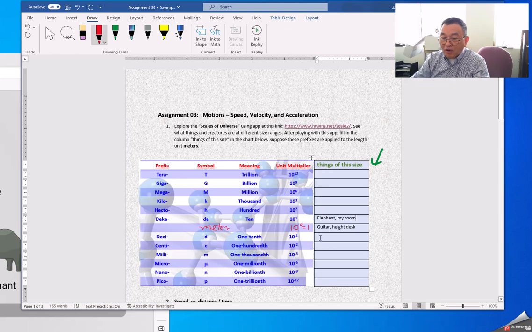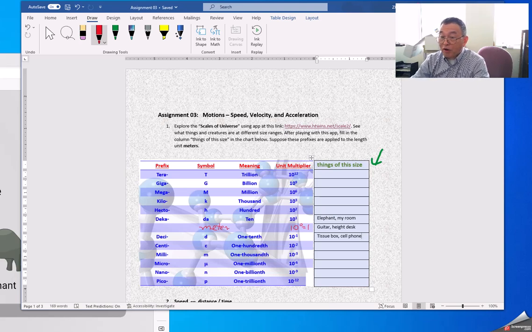If you go down the other way, 10 to the negative 1 is the decimeter. A decimeter is like a tissue box, or my cell phone. So that's the size of a decimeter, things like that.